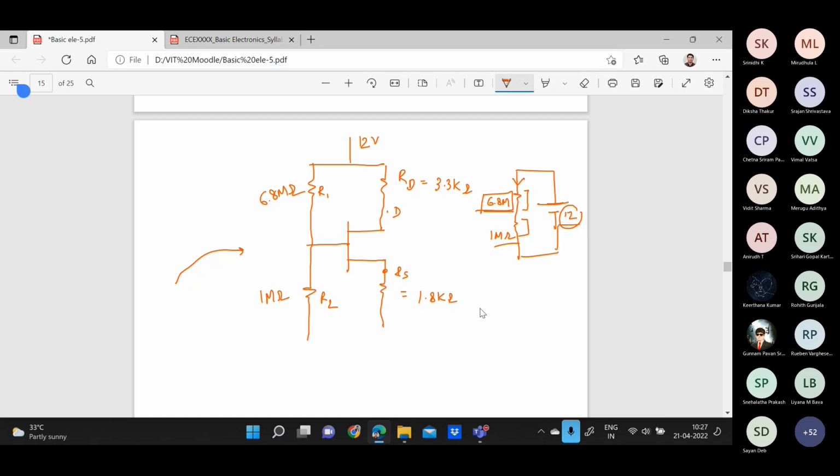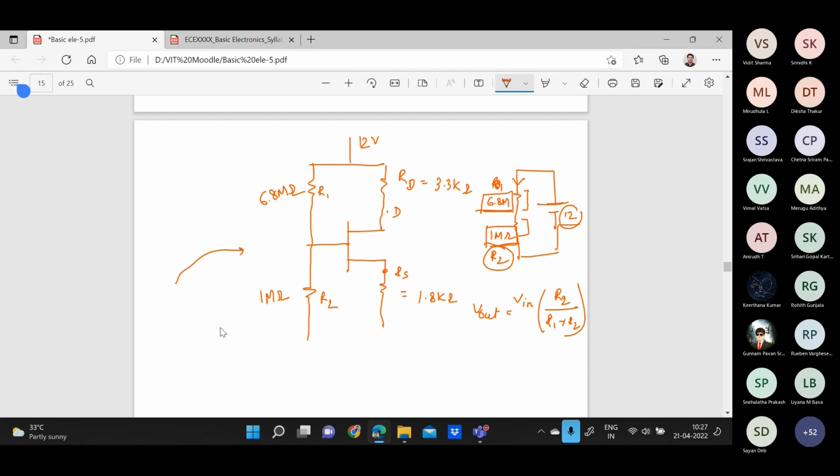V out is equal to V in, suppose this is R1 and this is R2, and I am asking you the voltage drop across R2. So V out will be equal to V in times R2 upon R1 plus R2.